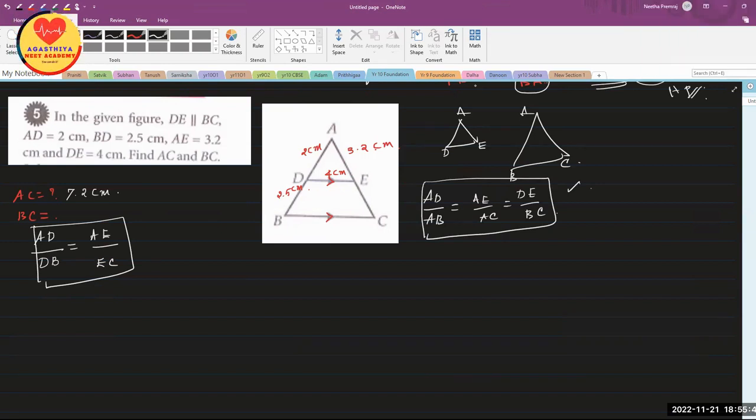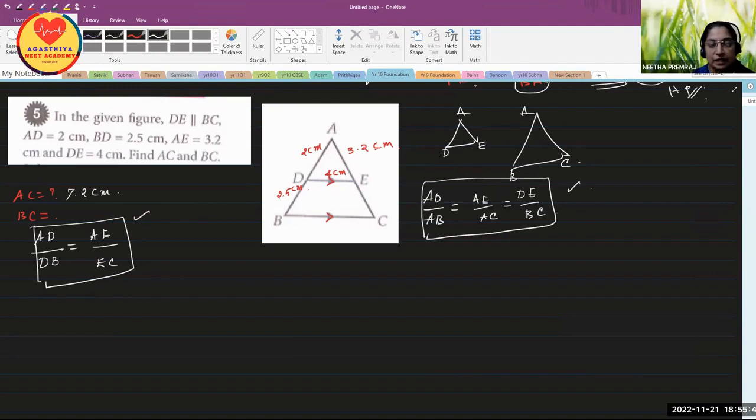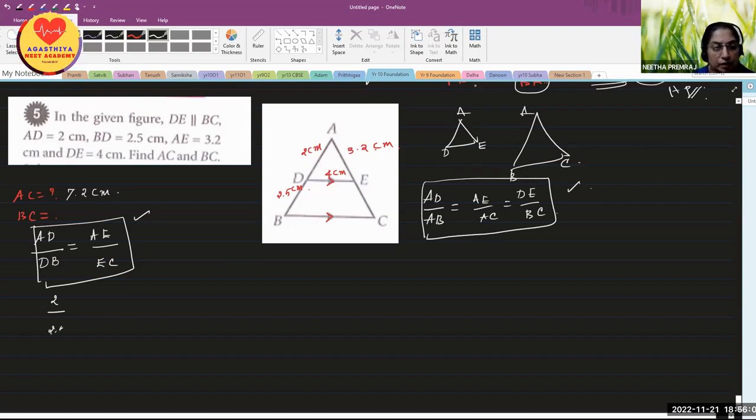Now I consider this to find AC. AD is what? 2. So 2 by 2.5 is equal to 3.2 by EC. So EC is equal to 3.2 into 2.5 divided by 2.